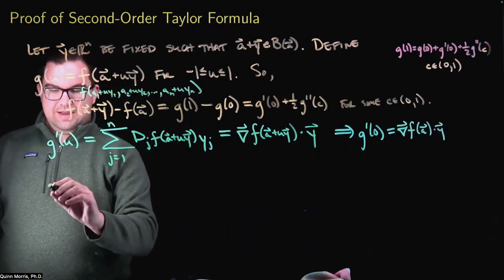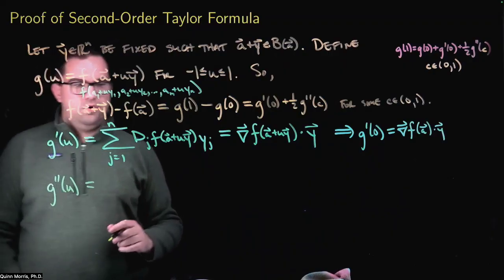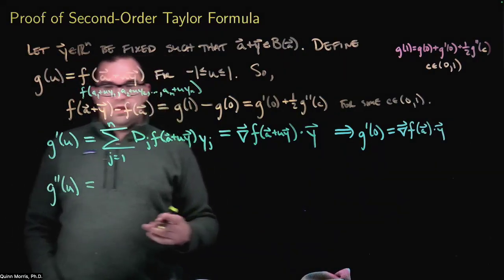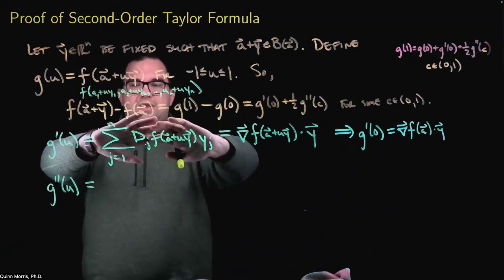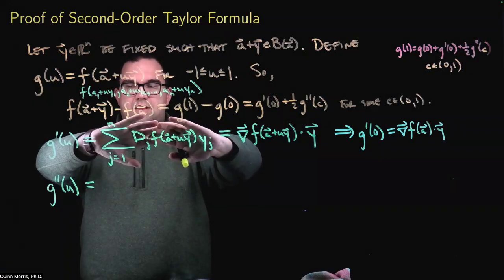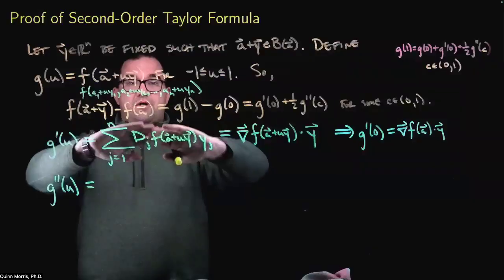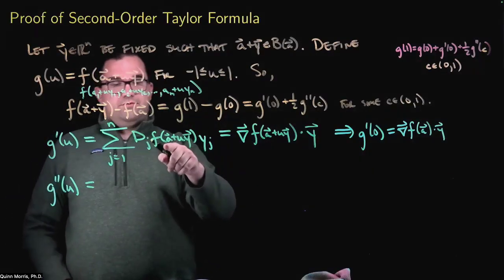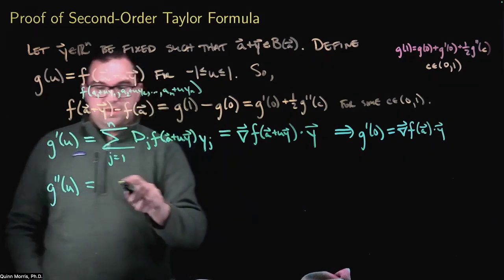If I want the second derivative of g with respect to u, I'm sort of going to do the same thing. I'm going to come here and take a derivative of this, which is now the thing I'm taking a derivative of. I'm going to take a derivative with respect to each of the variables, and as I take a derivative with respect to each of those variables, what's going to come out is whichever particular y term I'm in.